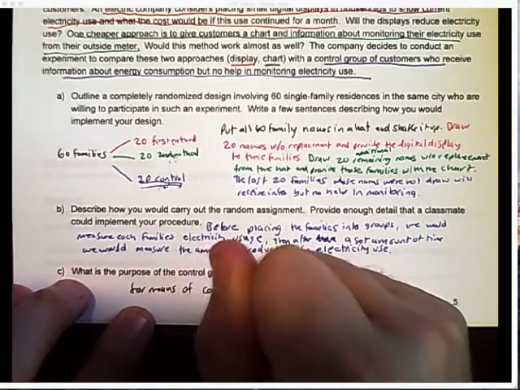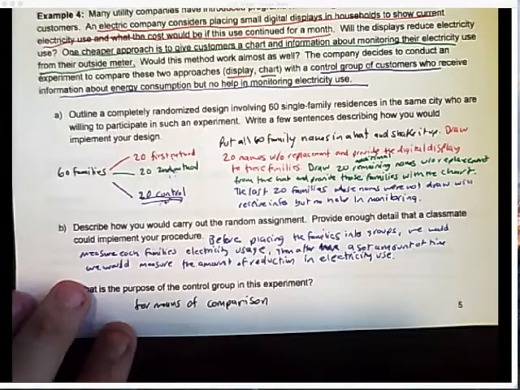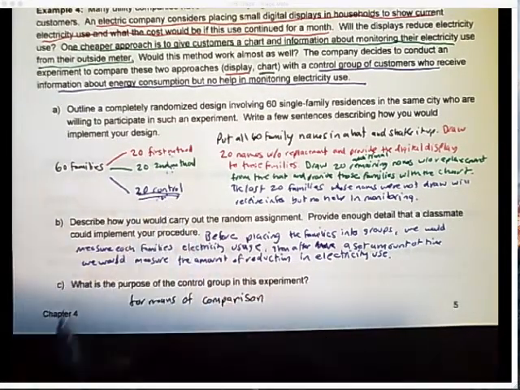Okay, so if this was a medical study, we would give the control group a placebo. We'd give them a sugar pill. Because some people who think they're getting medication, even if it's just a sugar pill and they don't know it, will improve just because their outlook has changed.